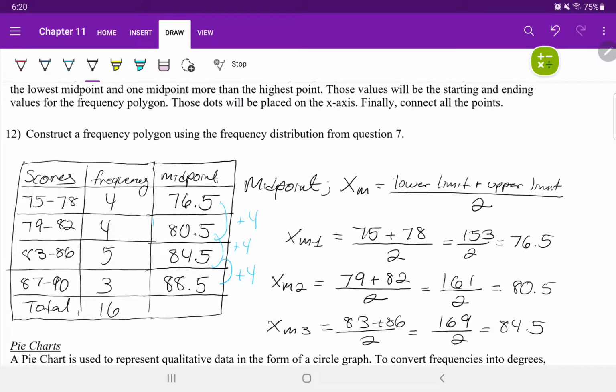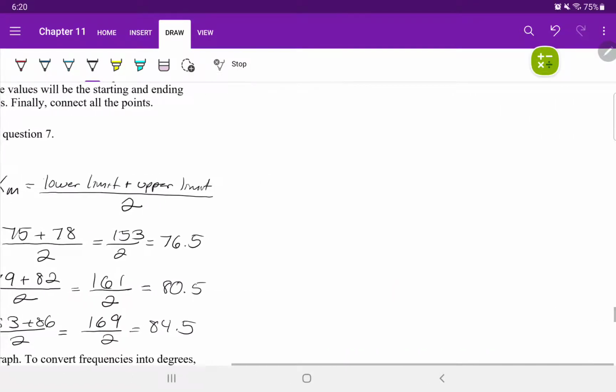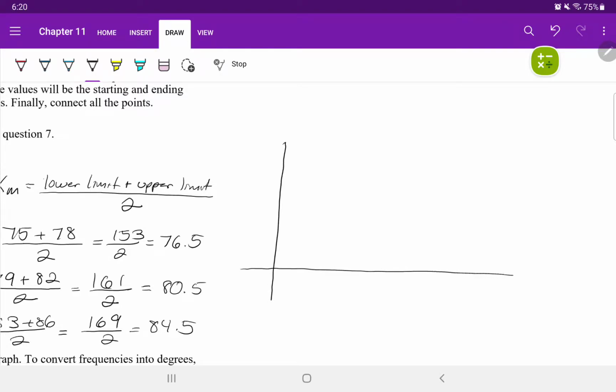Right. Let's start drawing our graph. So make sure you have this down. I'm going to scoot over to the right. Now remember, the x-axis is going to be the midpoints, and the y-axis is the frequency.